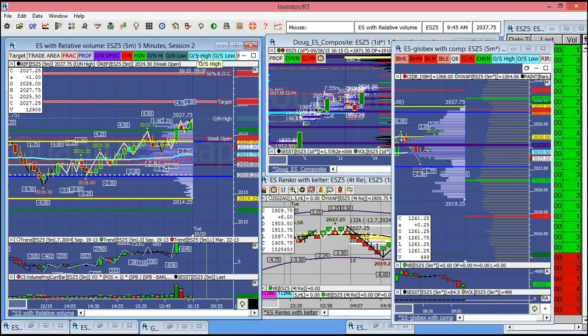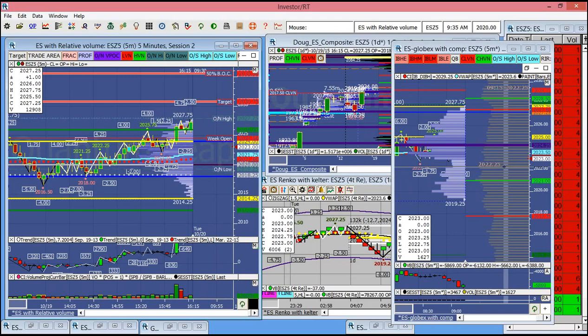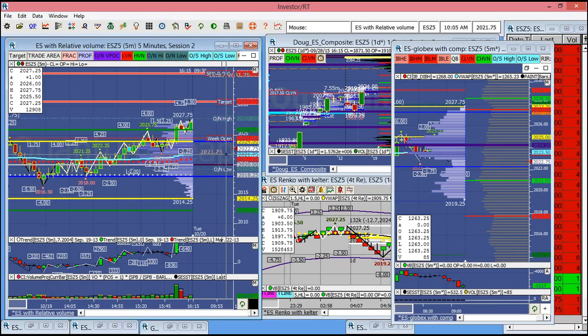Our overnight low is down at 19.25, just in between the value area low and the VPOC from yesterday. We've got a little bit of a LVN here at 22 and a quarter. That's almost right at the VWAP from yesterday.